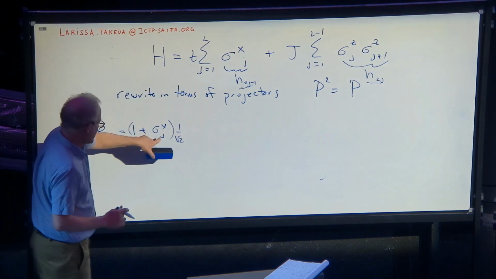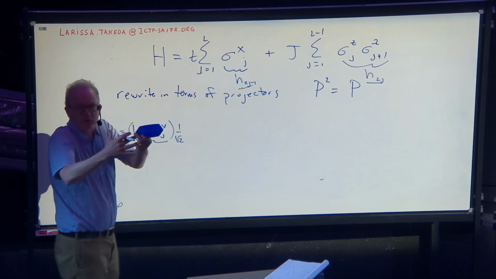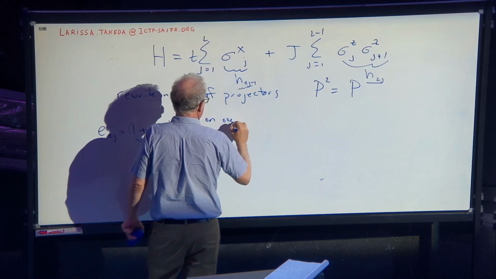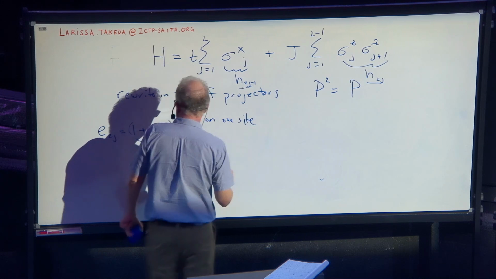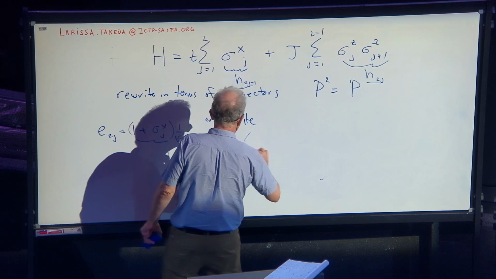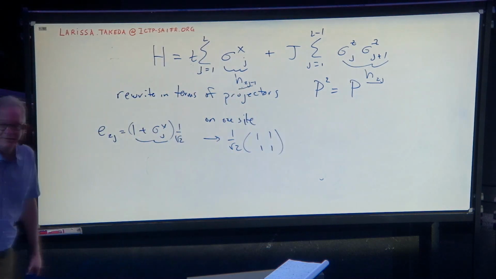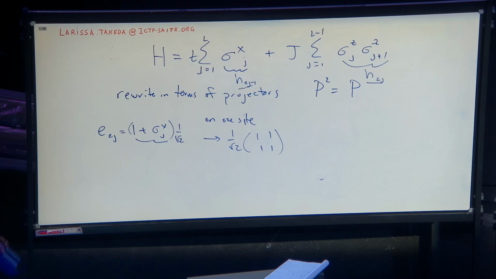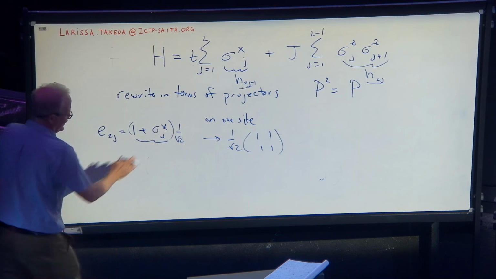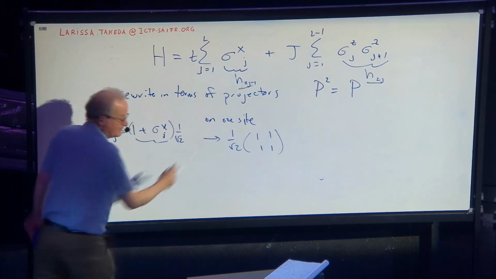Just write this thing as a matrix. It's a 2 by 2 on one site, so on one site this thing is just a matrix, 1 over square root of 2 times (1 plus sigma x). So just ignore the j in x.